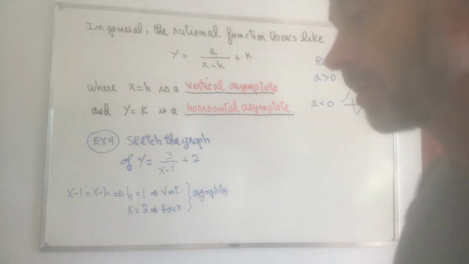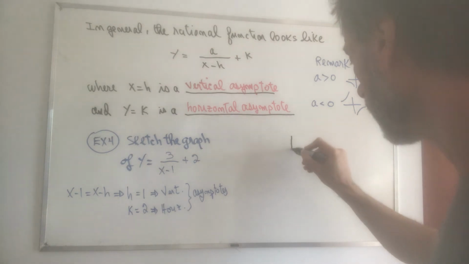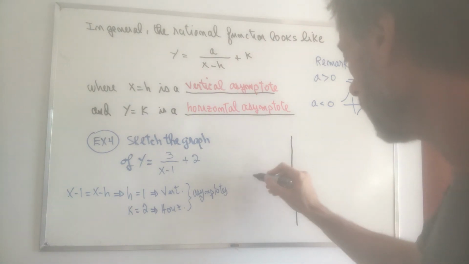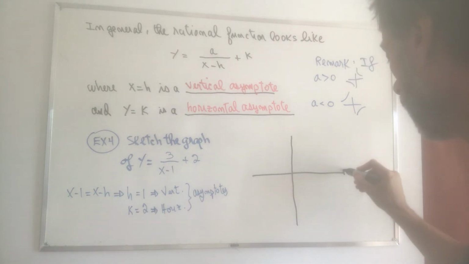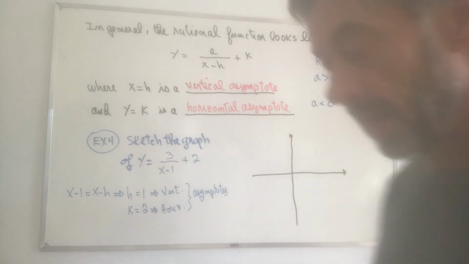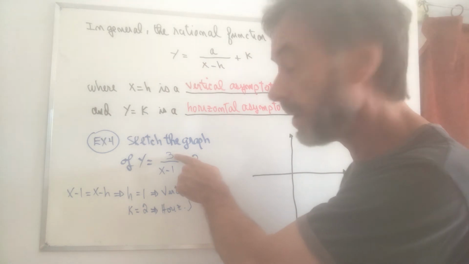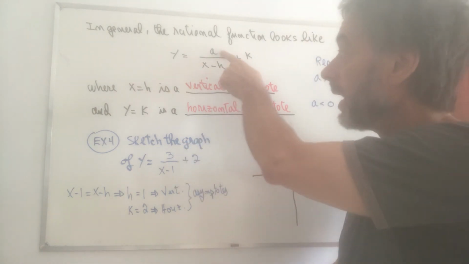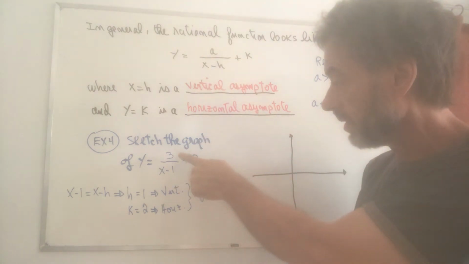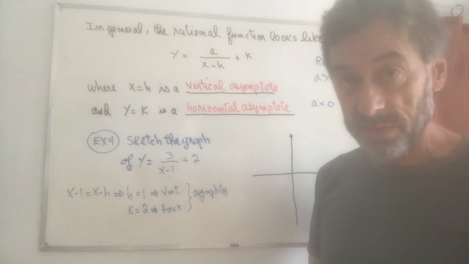Good. So I will sketch the graph of this according to the asymptotes we found, and also the value of a. What is the value of a? A is what's on top of the fraction. A is 3. It's a positive value.